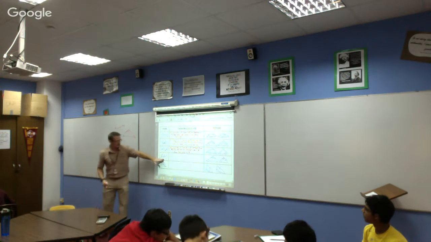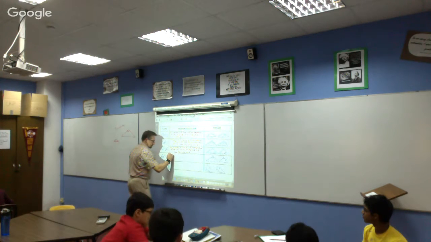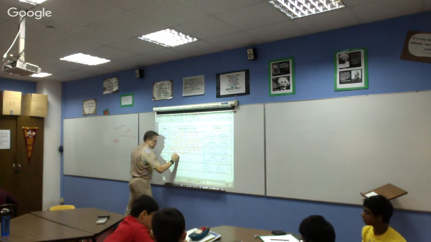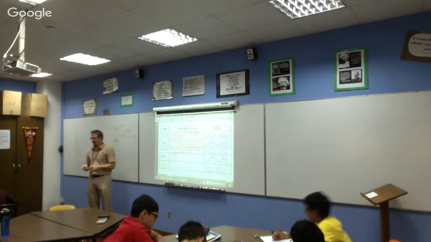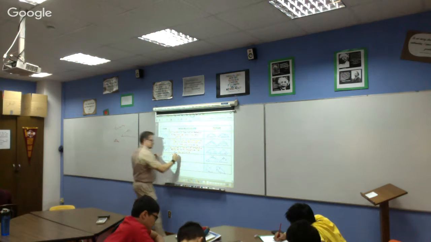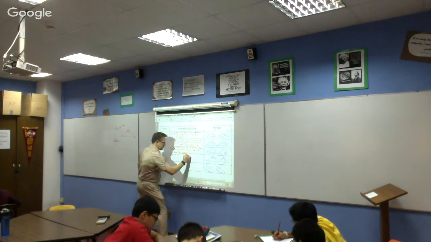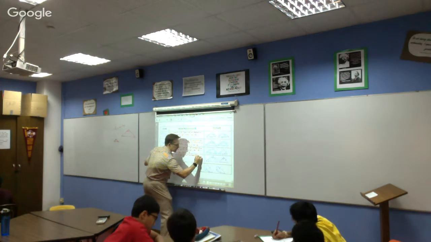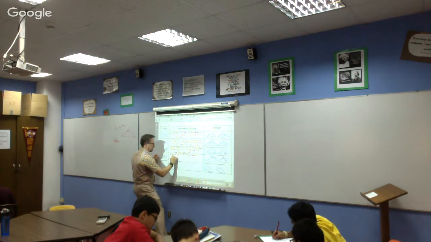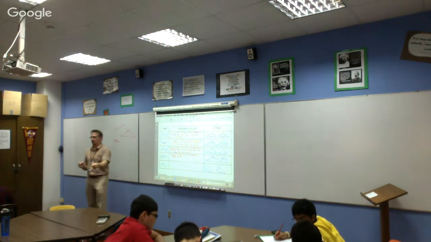So back to this, angle, angle, side. Start off the same way, in two triangles. If two pairs of corresponding angles are congruent, and this time, instead of the included, we're looking at the what?